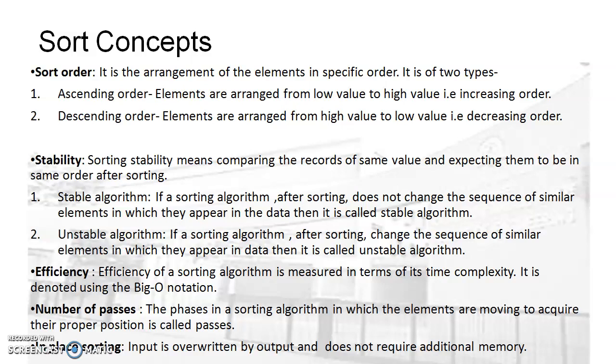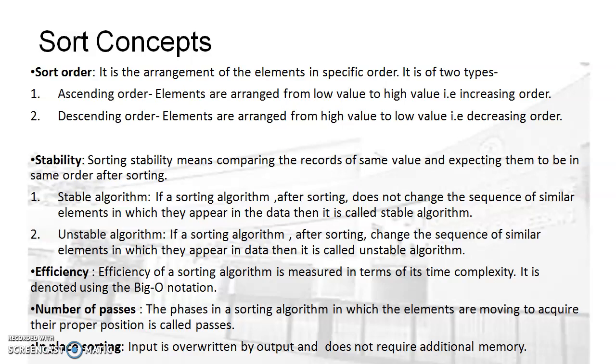In case of unstable sorting, whenever the sorting algorithm is applied, there is a change in the sequence of similar elements in which they appear in the data. So this is the basic difference between stable and unstable sorting algorithms.